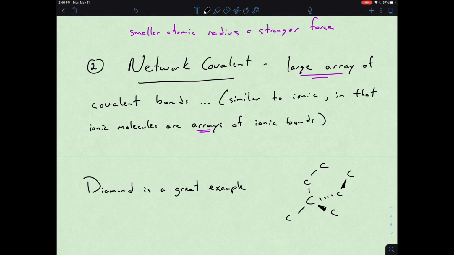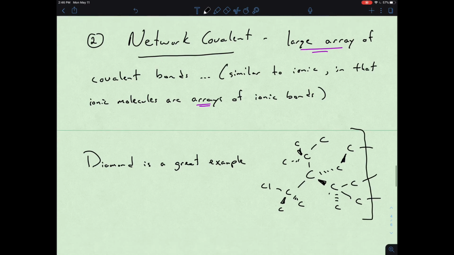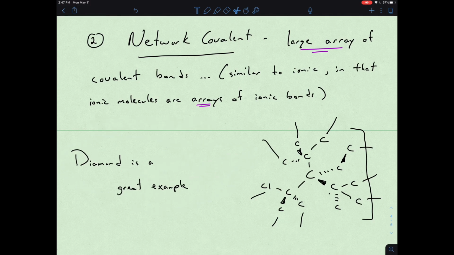So we just have this vast array of carbon atoms that just keep going and going and going. We could say it's just like this big repeating unit going off into the distance as far as diamond is concerned.